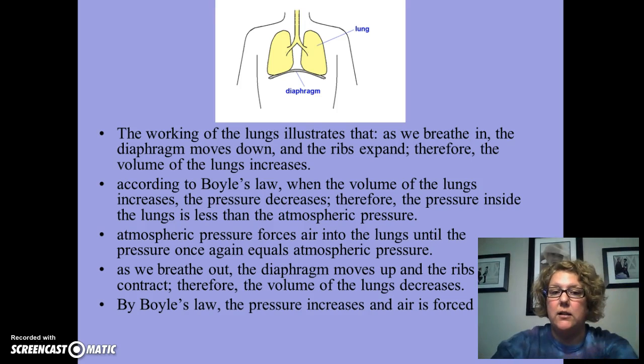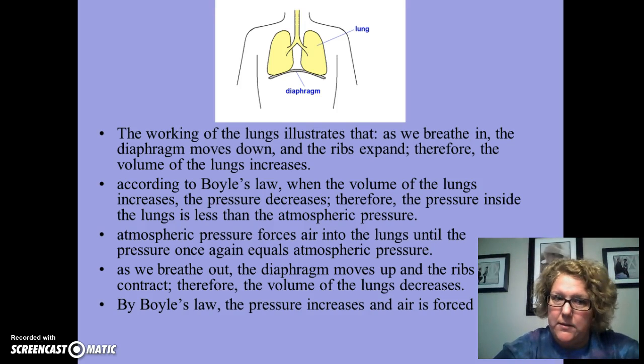Suddenly the pressure inside our lungs is less than the pressure outside. So the atmospheric pressure then forces air into our lungs until it's equal. So it feels like we're sucking in air, but we're not really. We're allowing air to be forced in.